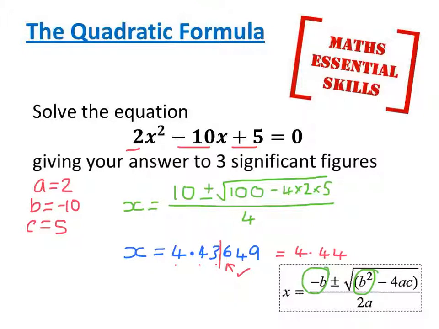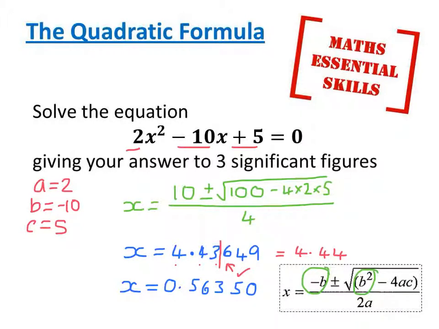4.44. The answer when I put in a minus sign into this part of the equation on my calculator this time gives me an answer of x equals 0.56350. Again, don't try rounding it until you've written your whole answer down.